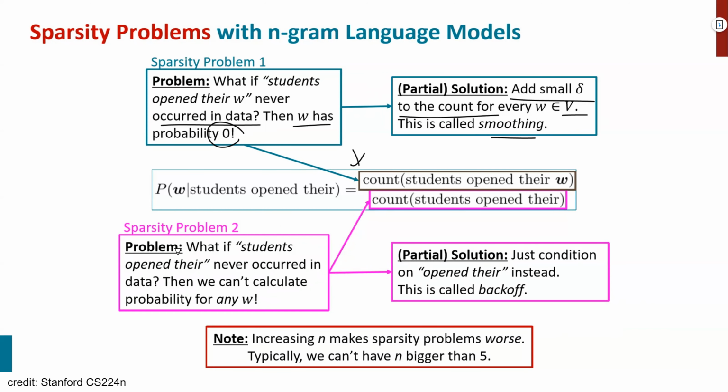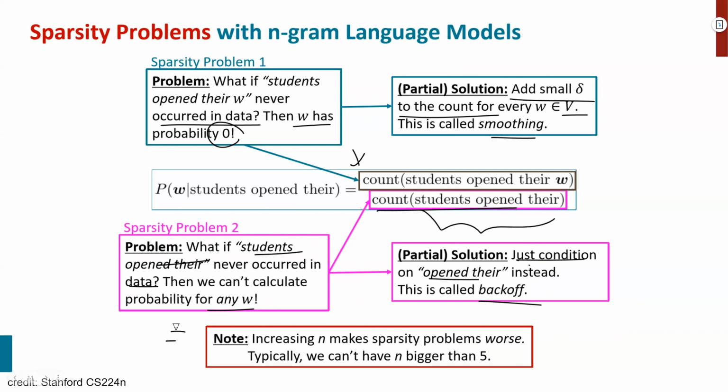The second problem is when the denominator, students opened their, never occurred in the data. Then we can't calculate the probability for any W. In this case, one partial solution is to just condition on opened their rather than considering all these 3 words. This is called backoff.